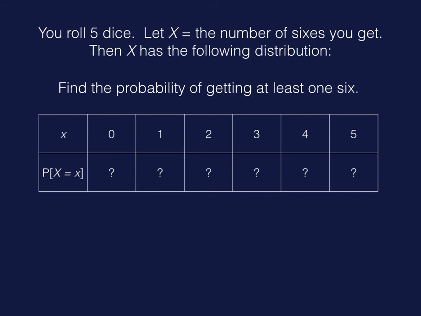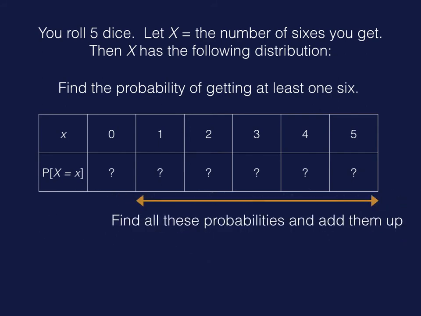So to get at least 1 6, you can get 1 6, 2 6s, 3 6s, anything. To do it directly, you would have to find 5 different probabilities, none of which are terribly easy. You have to find all 5 and add them up. That's doing it directly because it's 1 or higher, right?